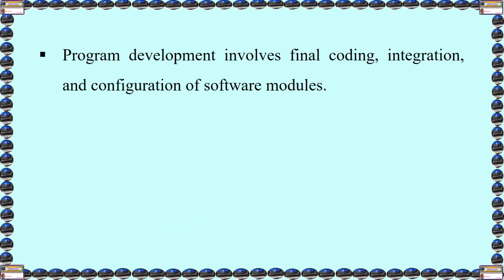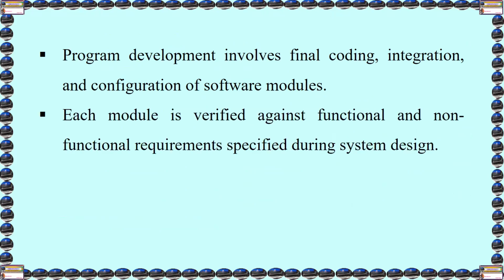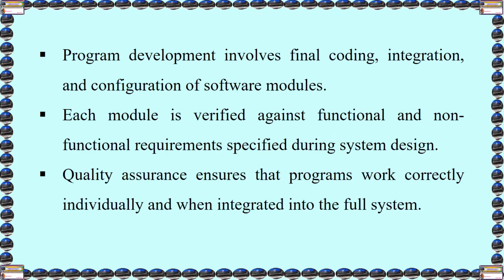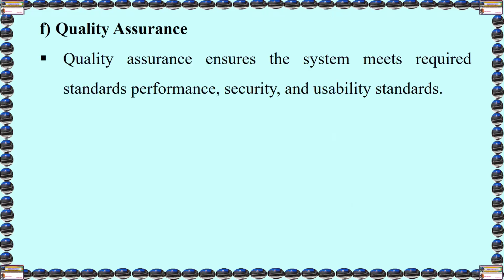Program development involves final coding, integration, and configuration of software modules. Each module is verified against functional and non-functional requirements that have been specified during system design. The quality assurance ensures that programs work correctly individually and when integrated into the full system. So, what is quality assurance?